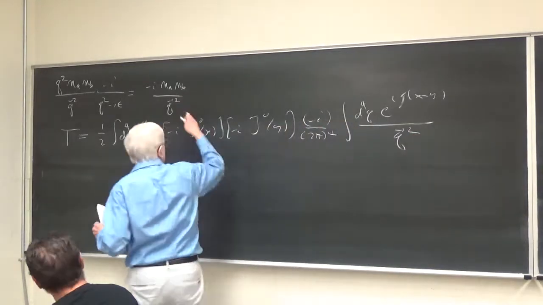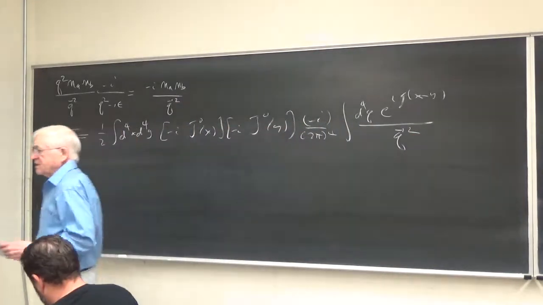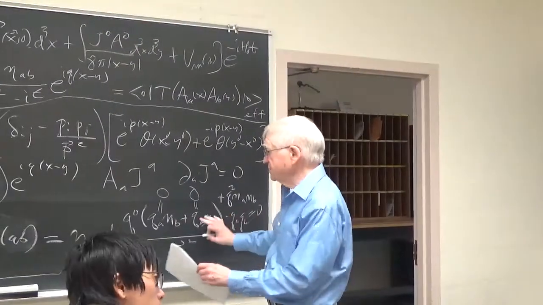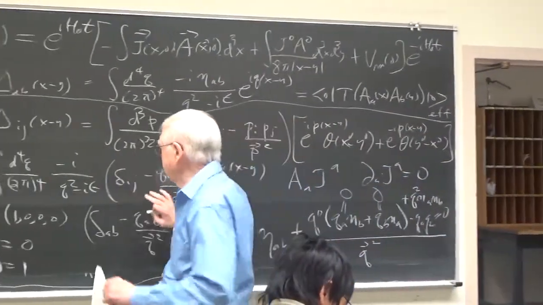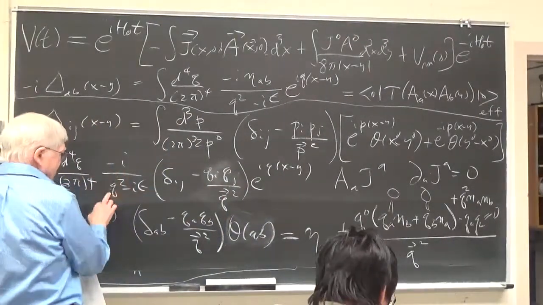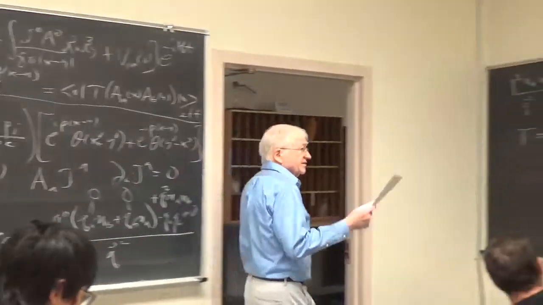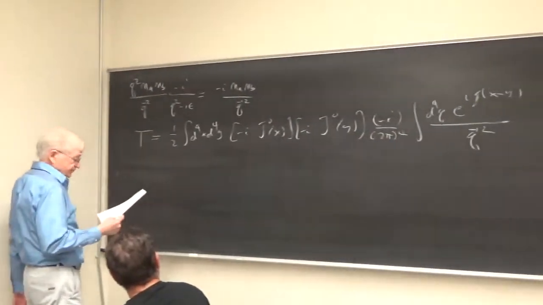So that's what this term would give if we cancel out these two. We use this term for that in the propagator, with the minus i over q squared minus i epsilon and so forth, and the Fourier factor.